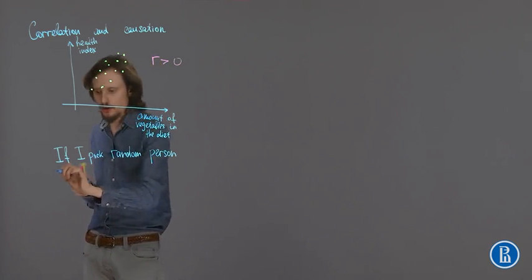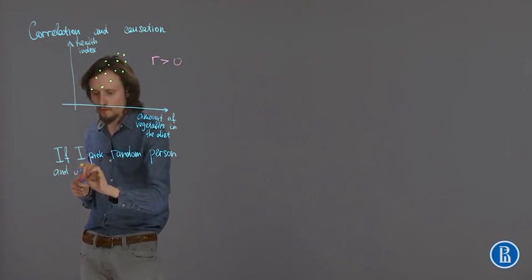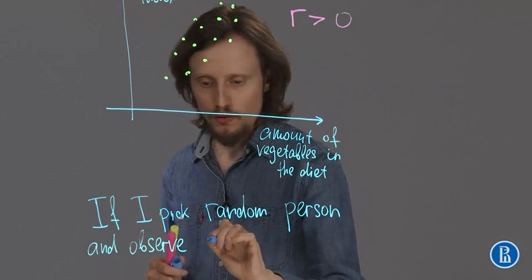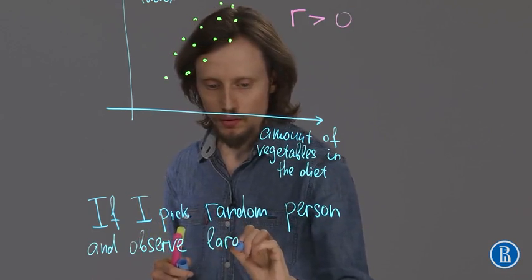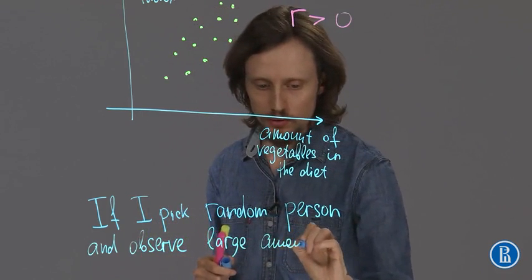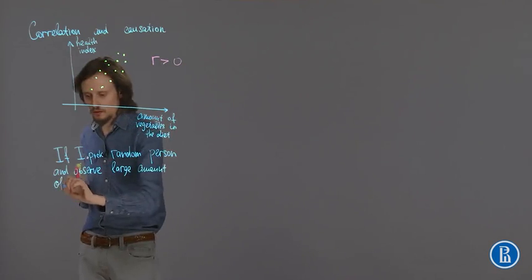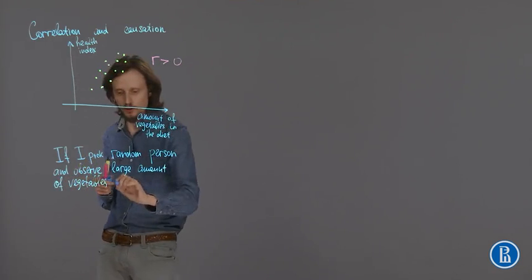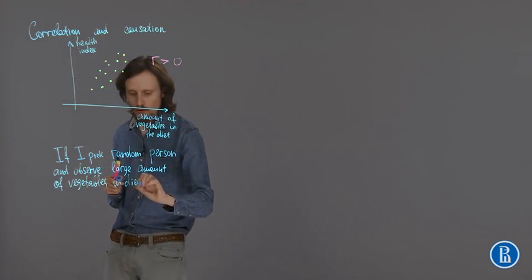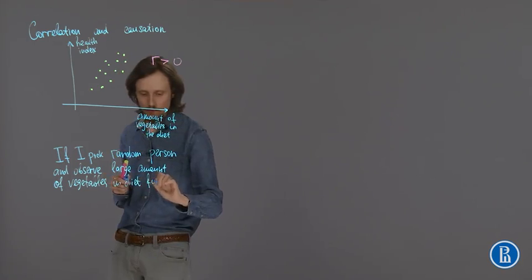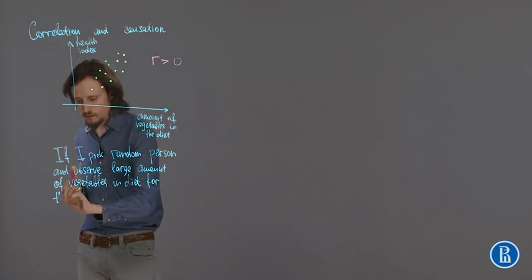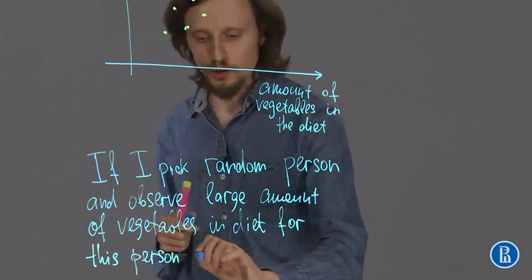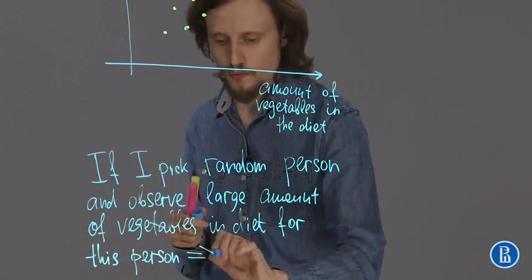If I pick random person and observe a large amount of vegetables in diet for this person, I can conclude that this person is healthy.